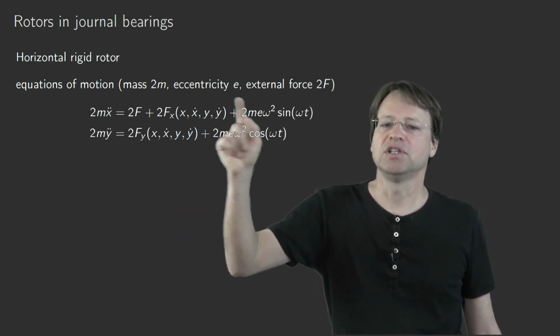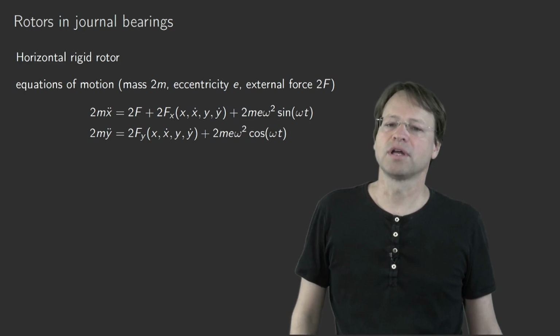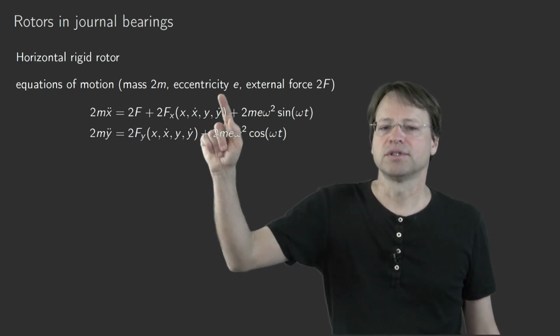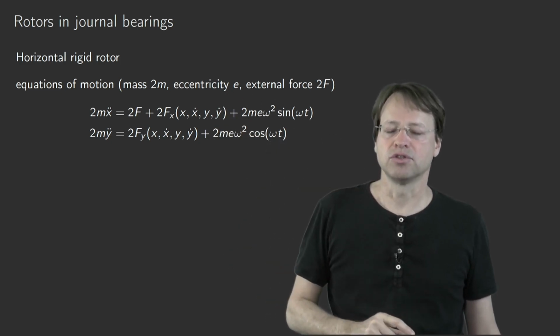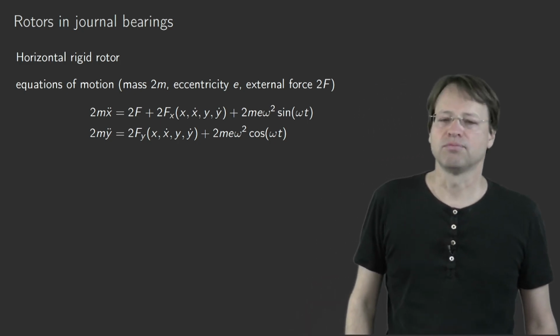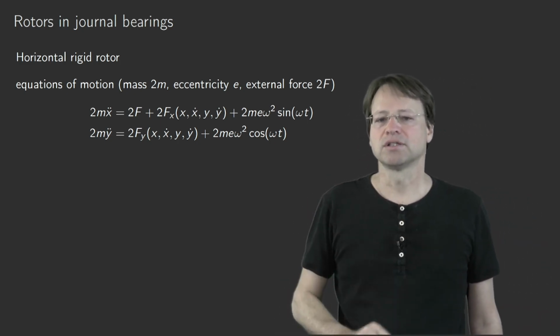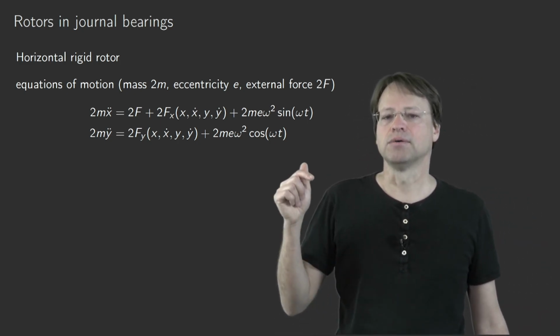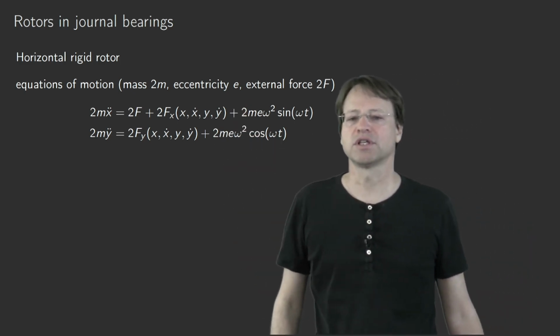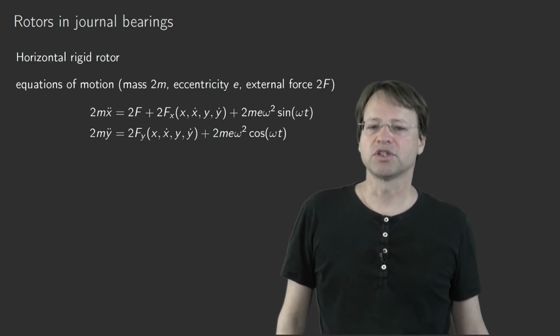The eccentricity e here, if you have a closer look at the equations of motion, is the eccentricity due to an imbalance, due to the fact that the geometric center is not the center of mass, but the center of mass is somehow shifted by an eccentricity e with respect to the geometric center of the shaft.